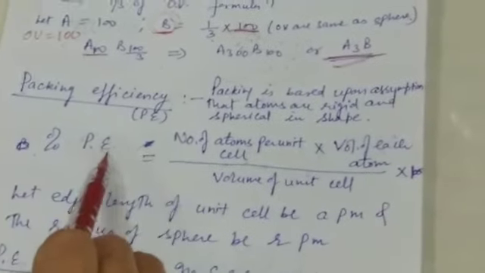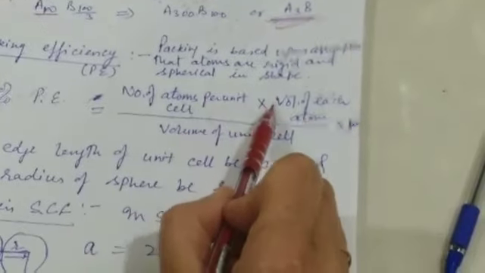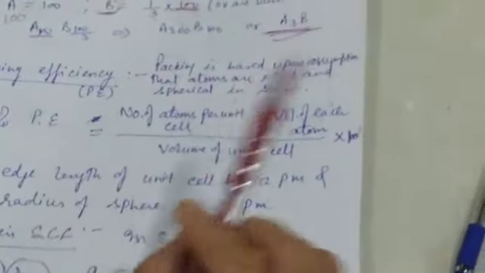Now when we get the percentage packing efficiency, we use the formula: number of atoms per unit cell into volume of each atom, the spheres present in a unit cell, upon volume of unit cell, into 100, because this is percentage packing efficiency.